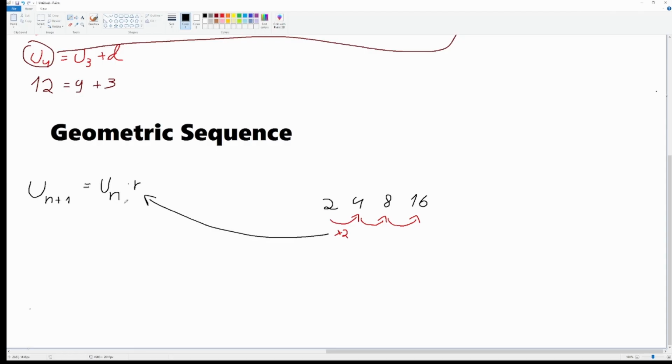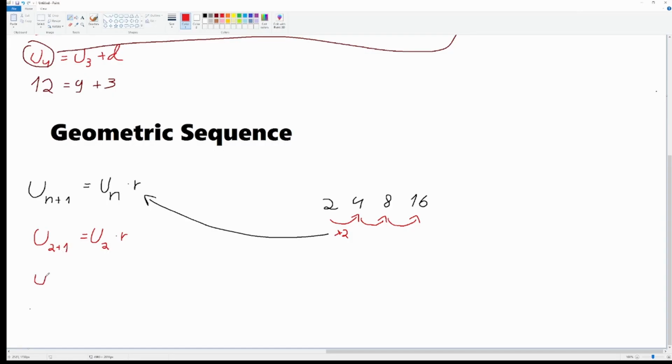And here we can do the same formula. So you already know what u_n is. It's just a random number from your sequence. Therefore, let's do this example also over again. Let's take, for example, u_2 times r is equal to u_2+1.